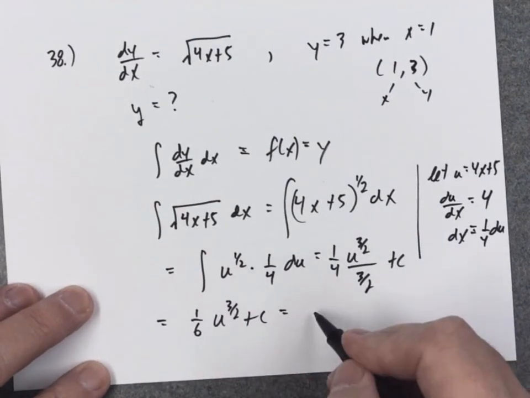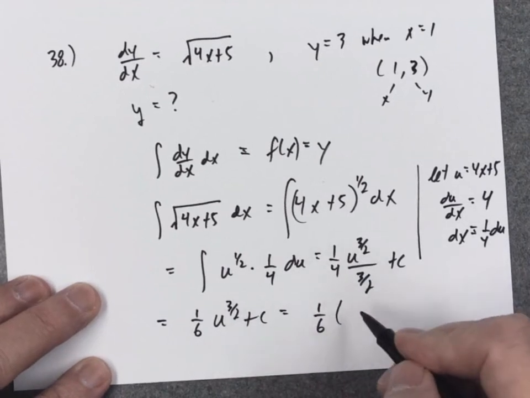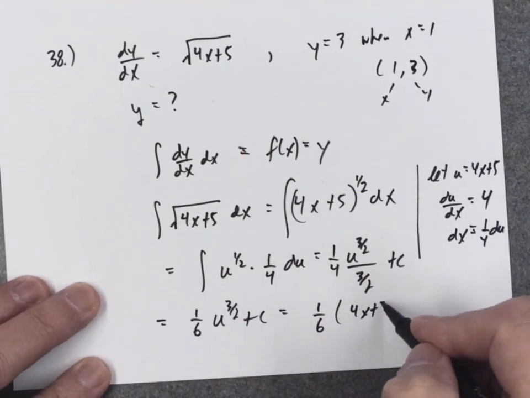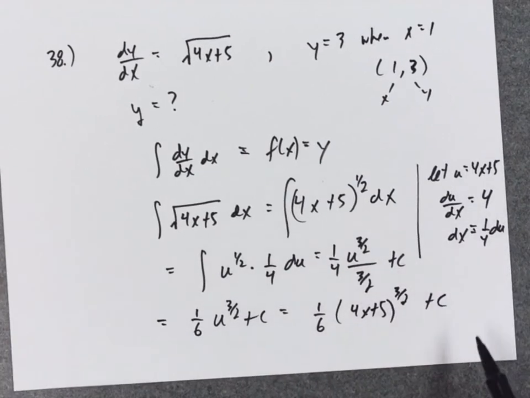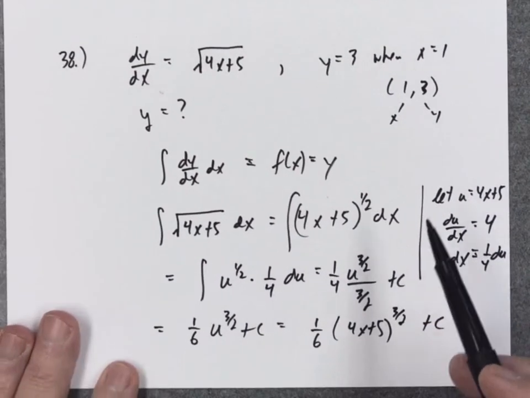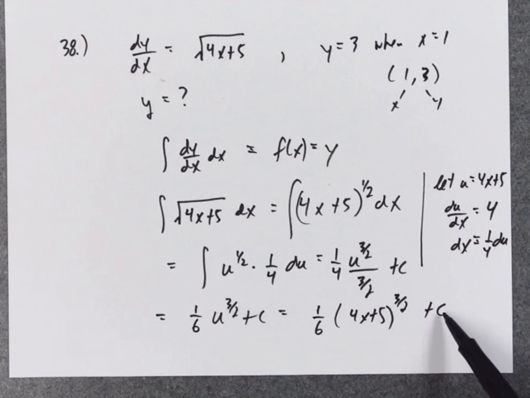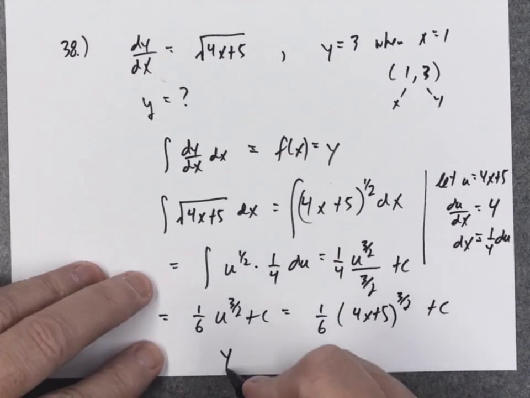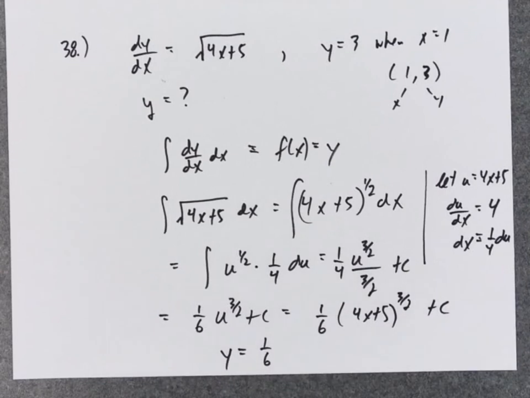Switch back to x's. 1/6 times 4x plus 5 to the 3/2 plus c. Now what they do is, when they give us this point, we've done this before, this gives us a way to calculate the c. And I'm going to check my notes, make sure I haven't messed up on the math. Yep, looks like I'm good.